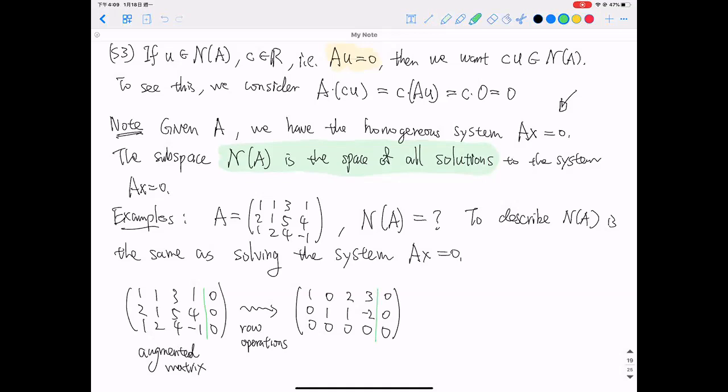So now what? Now we proceed according to the way we solve systems. Right, the variables corresponding to the leading ones are the dependent variables. In this case, x1 and x2. Now the two equations that remain are the following.